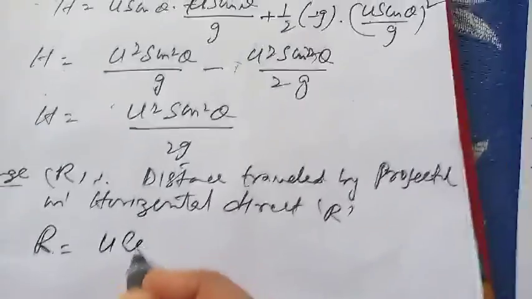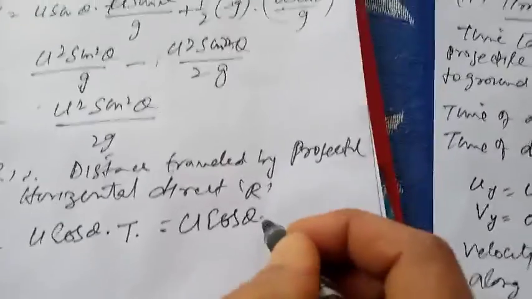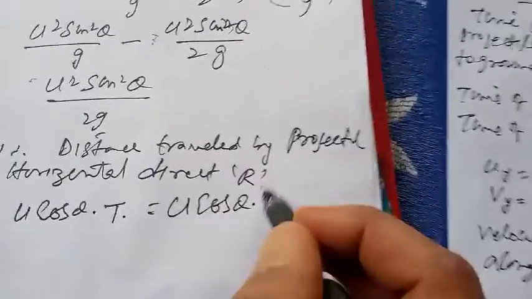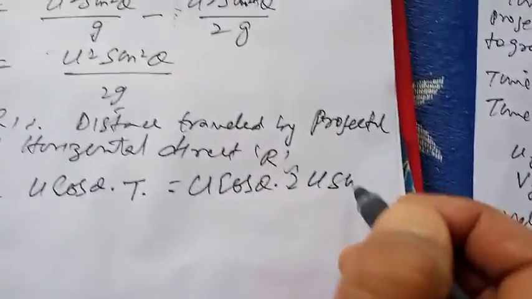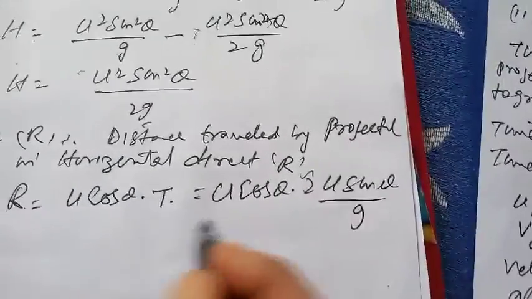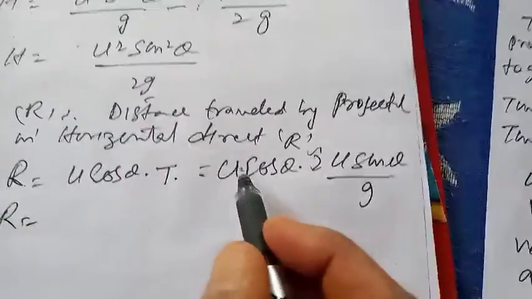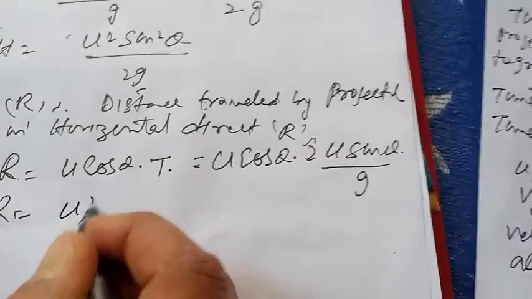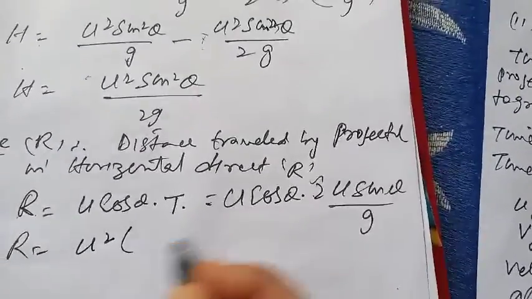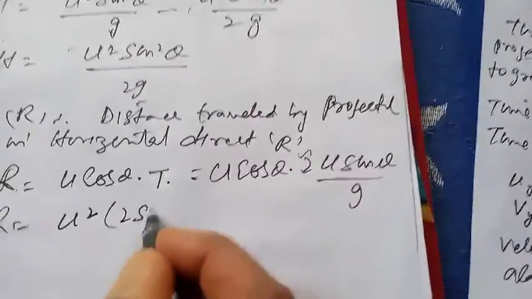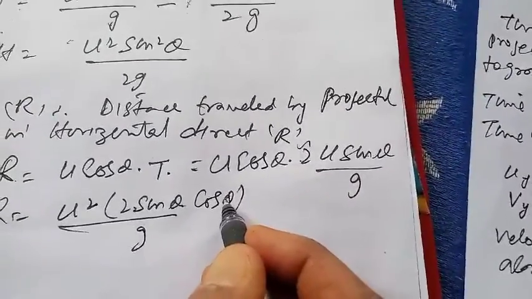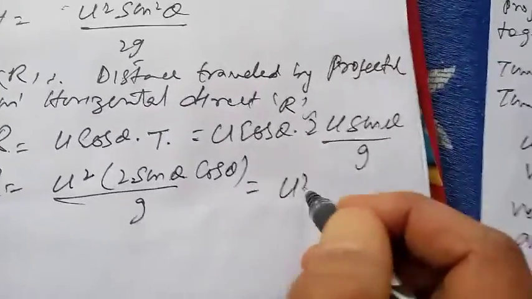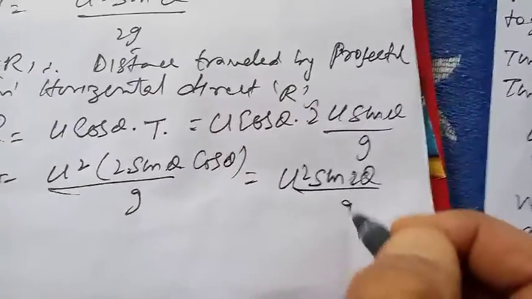Velocity here is u cos theta into time of flight t, that is equal to u cos theta into 2u sin theta divided by g, अभी हमने निकाल दिया. And that R is equal to, see here, u square, इसको अलग से लिखेंगे अब, twice sin theta cos theta divided by g, but twice sin theta cos theta is sin 2 theta, which is equal to u square sin 2 theta divided by g.